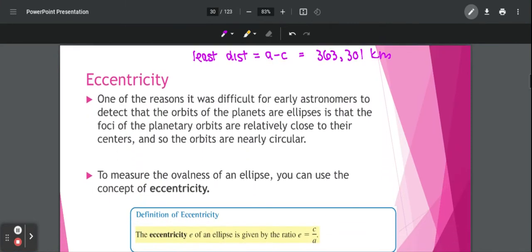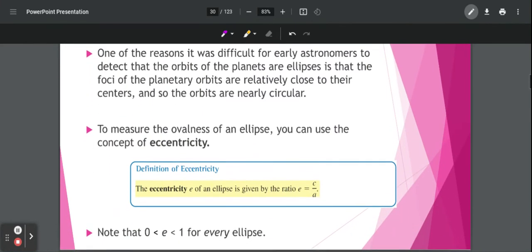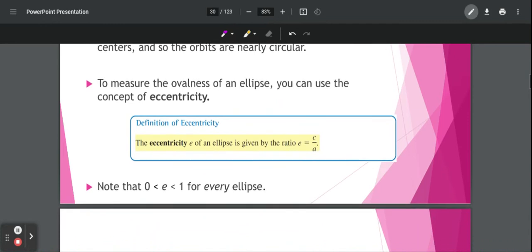So to measure the ovalness of an ellipse, you can use the concept of eccentricity. So eccentricity of an ellipse is c over a. And so if you do c over a, every ellipse will be between 0 and 1.